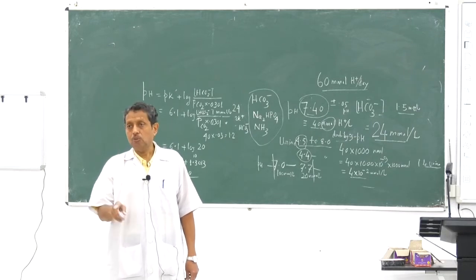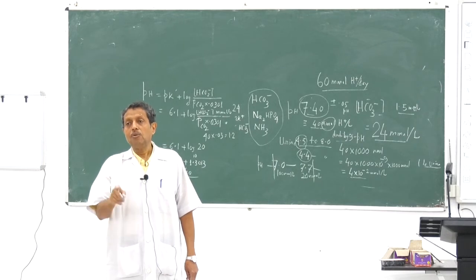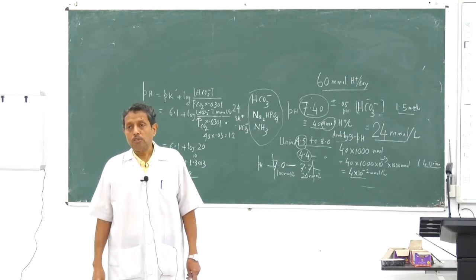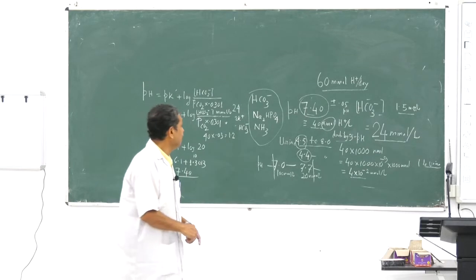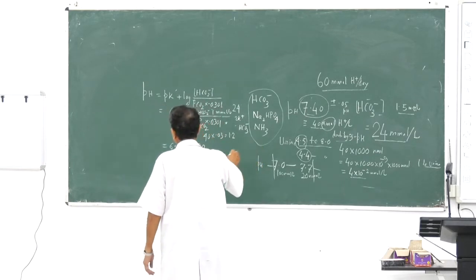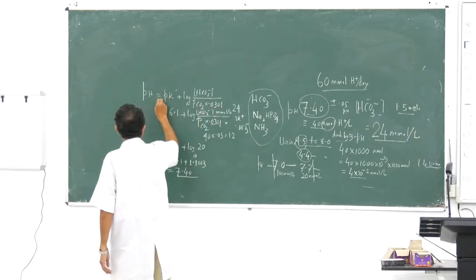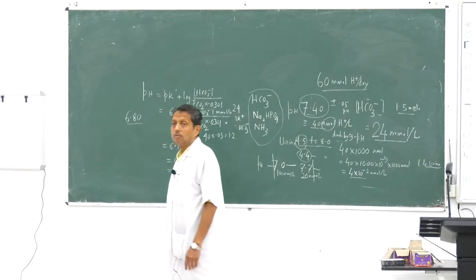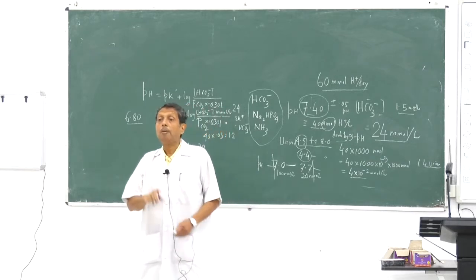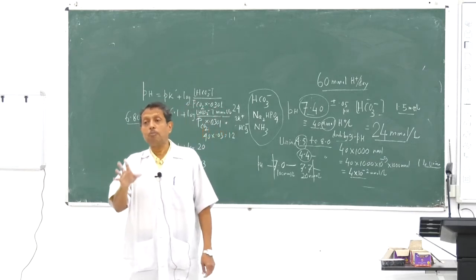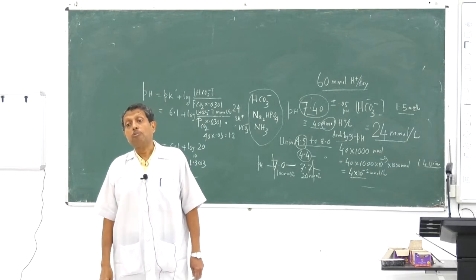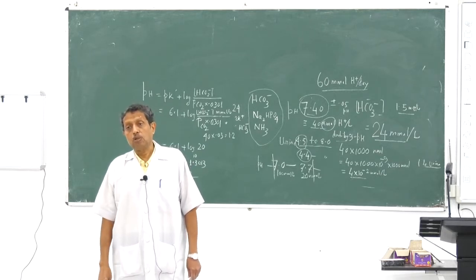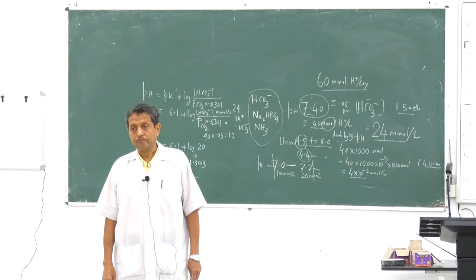And its pK value is closer to that of the body fluid, 6.80. The efficiency of a buffer depends upon the pK value and its absolute concentration. Clear?